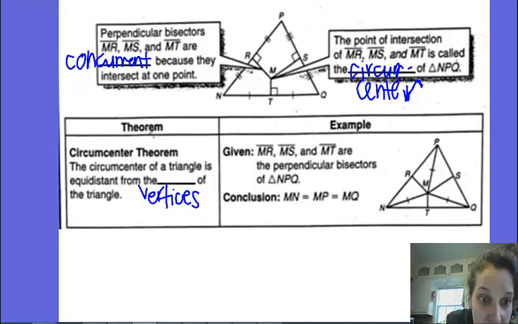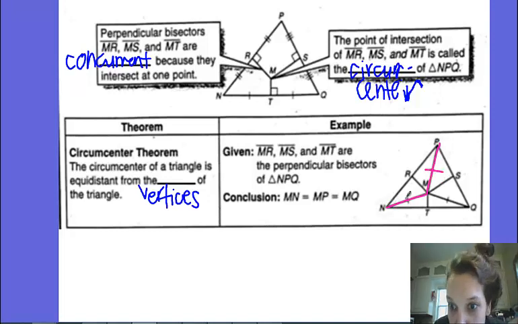And the distance from our circumcenter to vertex P is going to be the same as the distance from the circumcenter M to vertex N, which is going to be the same as the distance from circumcenter M to vertex Q. So your circumcenter is going to be equidistant to each vertex. So MN, MP, and MQ are all equal to each other. They all have the same length.